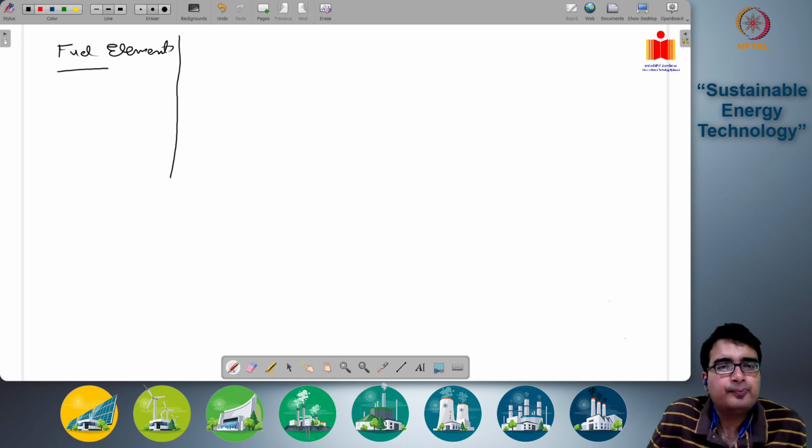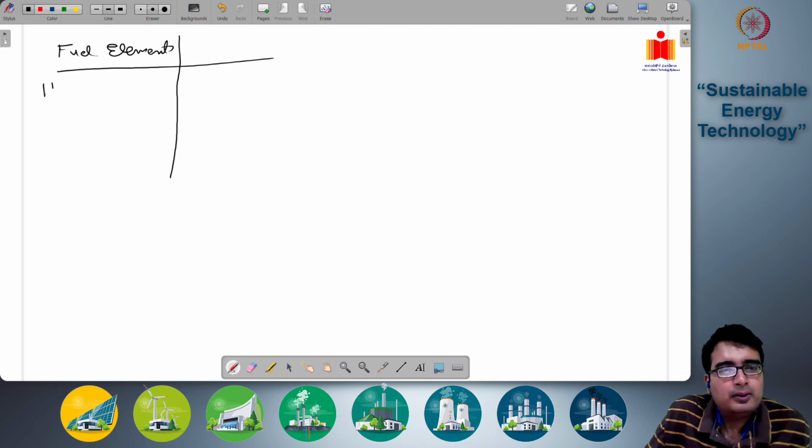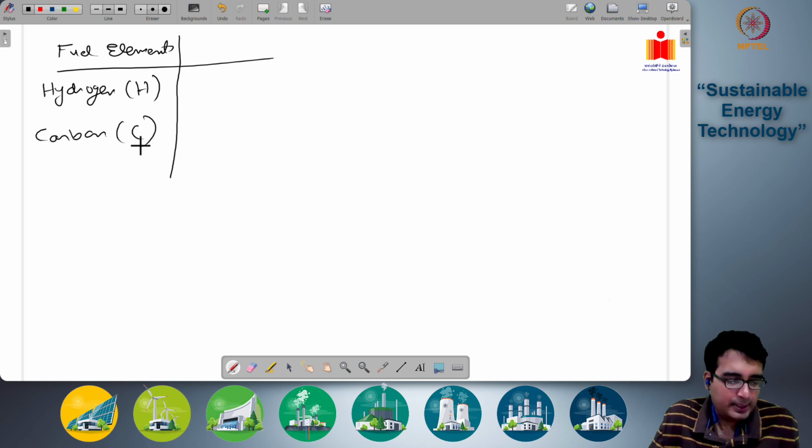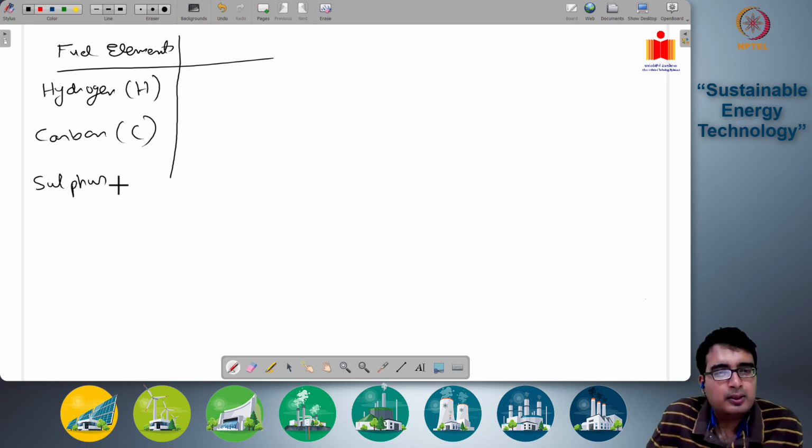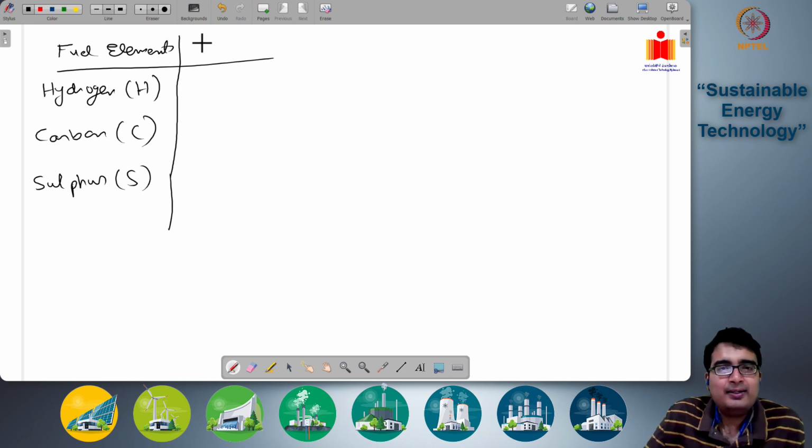present are hydrogen, H, and carbon, C, and sulfur, S. Correct? And what is the atomic mass of these elements?